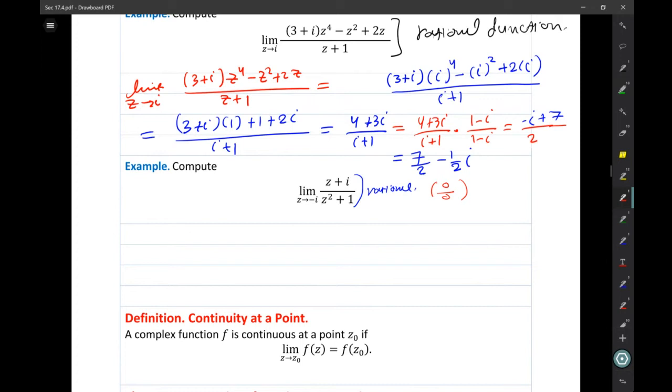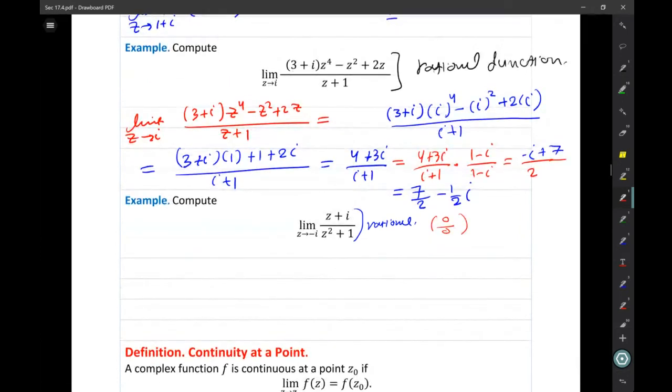Maybe you have to substitute z with x plus iy. Have a look here. I have to factorize z squared plus 1. The 1 is minus i squared, since i squared equals minus 1, right?